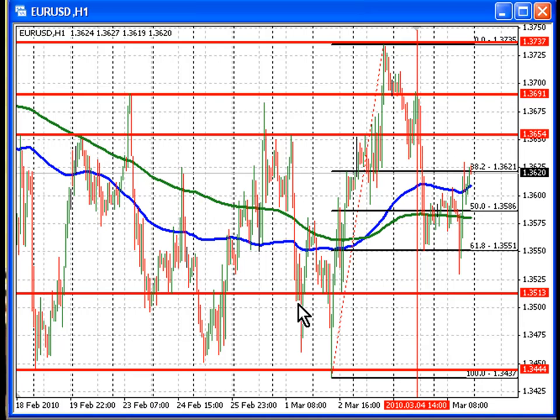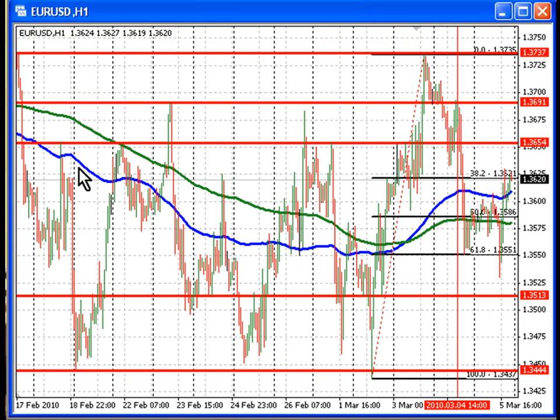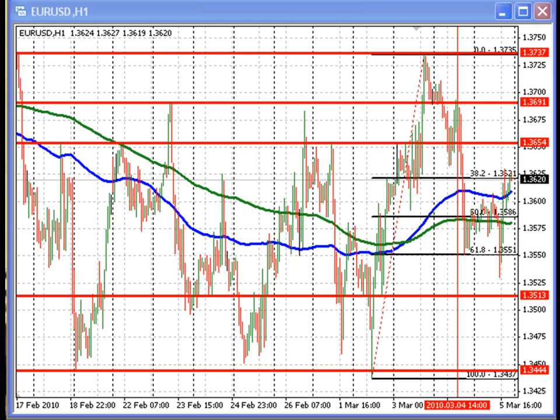Other levels off this hourly chart that are of significance is this 54 level. If you look back over time, you can see a number of different bars on the hourly chart that stop at that 54 level.